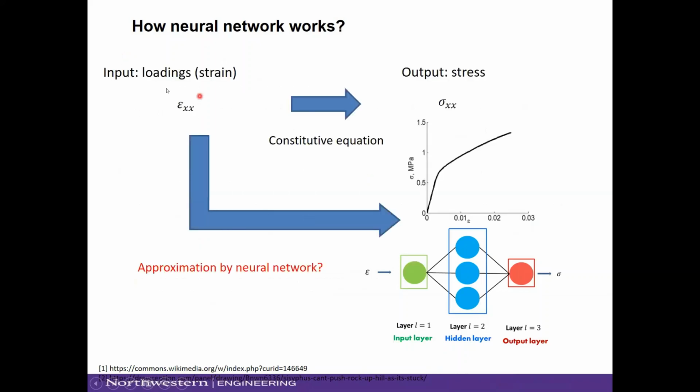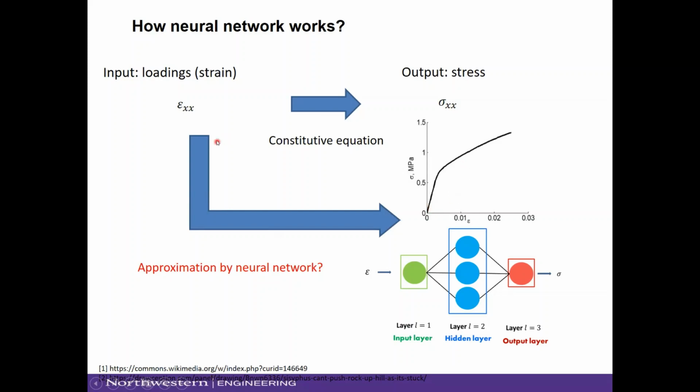So this is strain. It is our input, and with this strain, the material will have some stress. This stress-strain relationship is different for different materials, but it is dependent on the constitutive equation. How the value of stress will be is strictly dependent on the value of strain, and different models will give you different values of stresses.